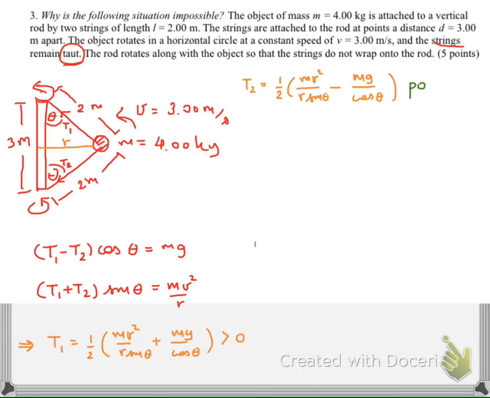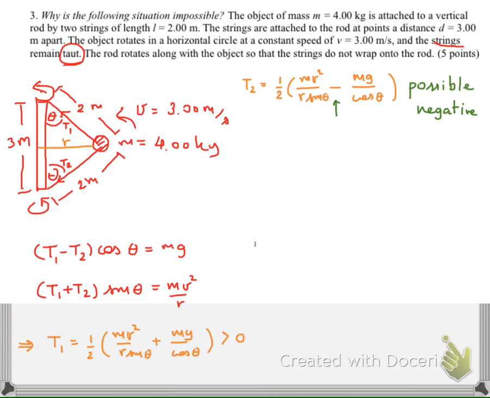It is possible for it to be negative because we have the minus sign here. If the second term, mg over cos theta, is larger than mv squared over r sin theta, we have T2 negative.